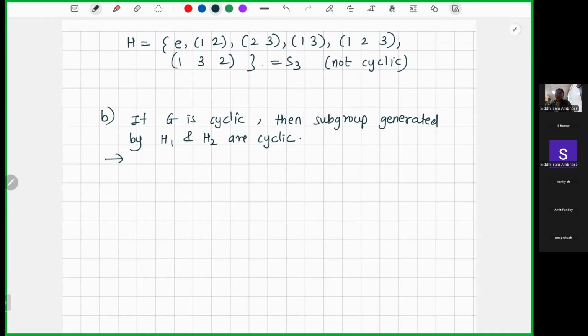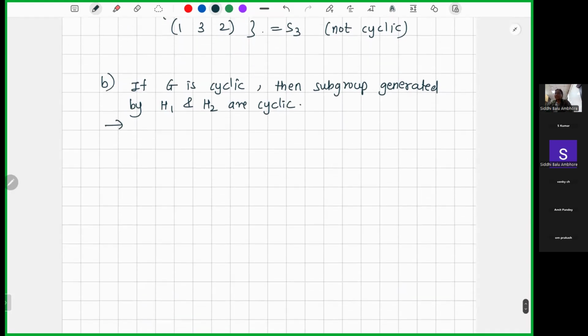This is true. Here we are asking whether the subgroup generated by H1 and H2 is cyclic or not. But what I will do is prove this general statement: if G is a cyclic group, then every subgroup of G is a cyclic group.